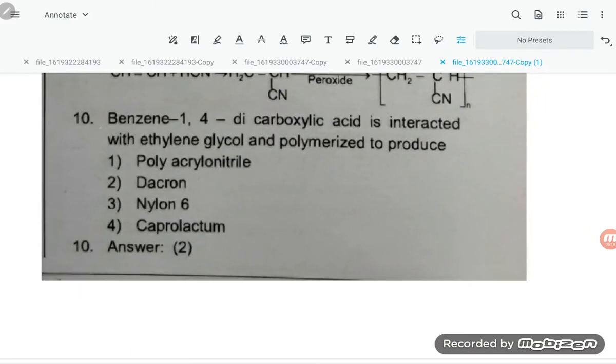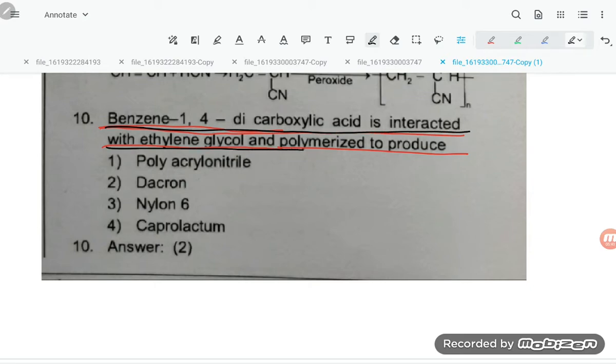Very easy. Benzene 1,4-dicarboxylic acid is reacted with ethylene glycol and polymerized to produce Dacron.